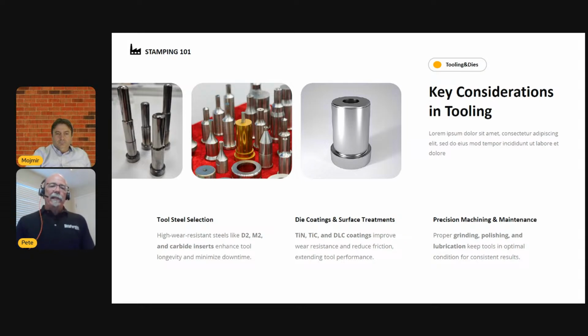As a rule, what I suggest for people that are having difficulty with punch life in their dies, especially if you're cutting, punching, blanking, is choose the material that gives you the toughness that you need. And then you'll apply a die coating or a surface treatment to get the wear resistance that you need. So toughness first, and then wear resistance next, especially when we're talking about cutting and punching.